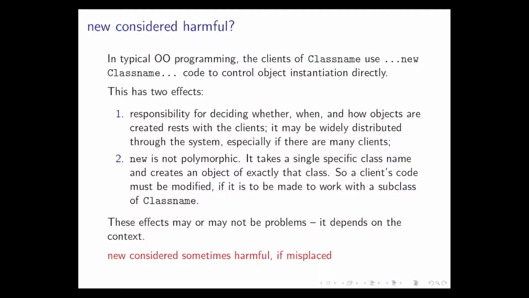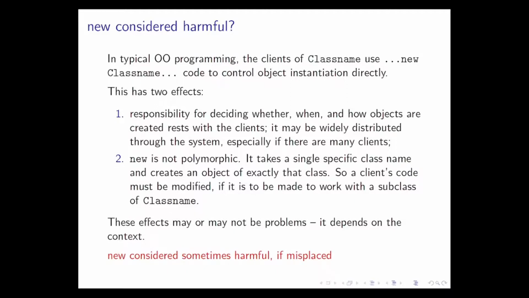Okay. So if you have a client which is completely ambivalent about which subclass of a class it should be handed, perhaps you've got a family of subclasses of a given class which all implement the same interface or implement the same API in slightly different ways.